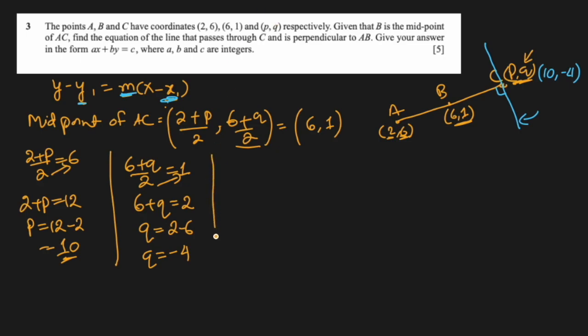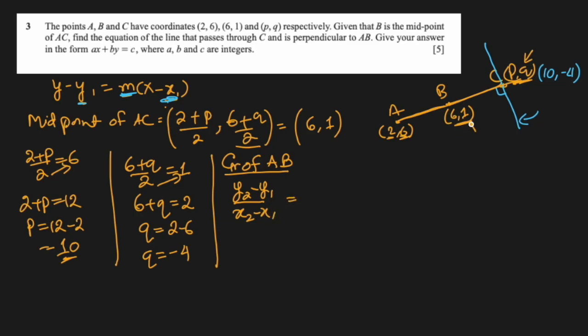For gradient, let's find the gradient of AB. If I find the gradient of AB, same will be the gradient of AC. Doesn't matter because it's the same line, right? And the formula for gradient is y2 minus y1 over x2 minus x1.